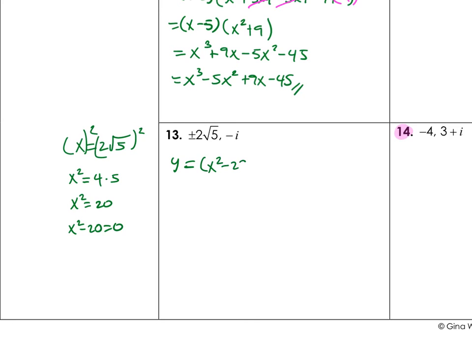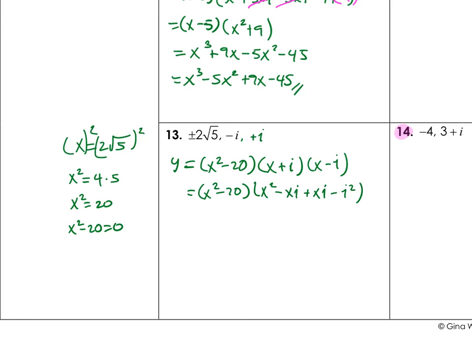x squared minus 20 times x minus plus i. But again, if negative i is a zero, that means that positive i is also a zero. So x minus i. So x squared minus 20 times x squared minus xi plus xi minus i squared. Right? This cancels out.